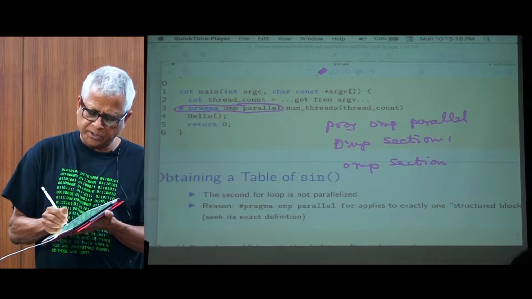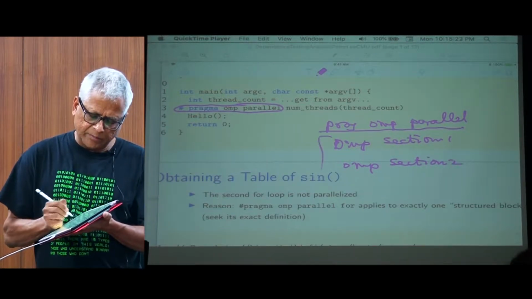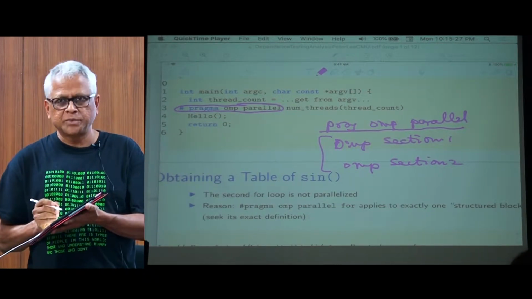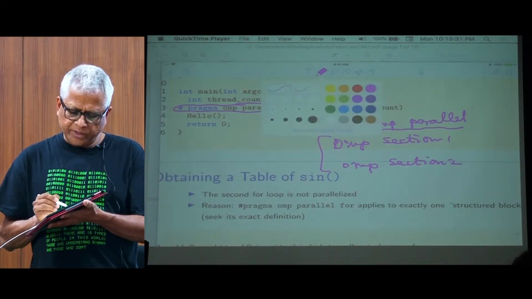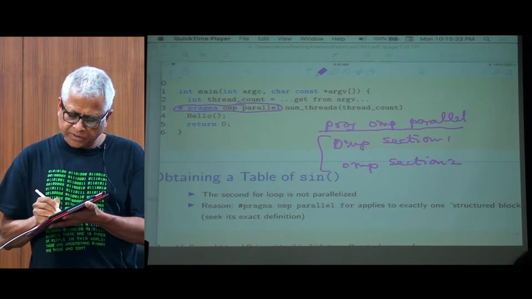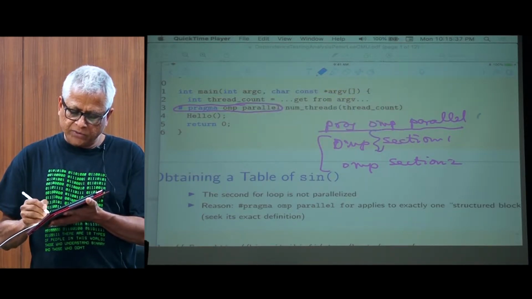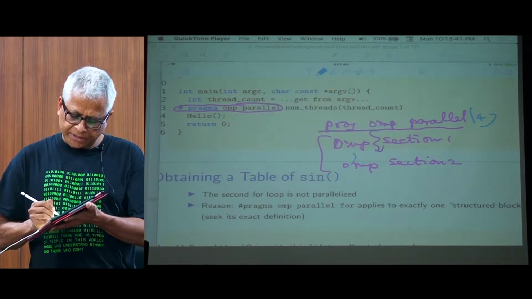This is another possible thing that can hide under pragma OMP parallel. It can be pragma OMP section 1, pragma OMP section 2, pragma OMP section 3. This is another alternative where each section will be picked up by one of the threads. So if one thread executes this and you have created, let us say, 4 threads here, then another thread can pick up another section, etc.